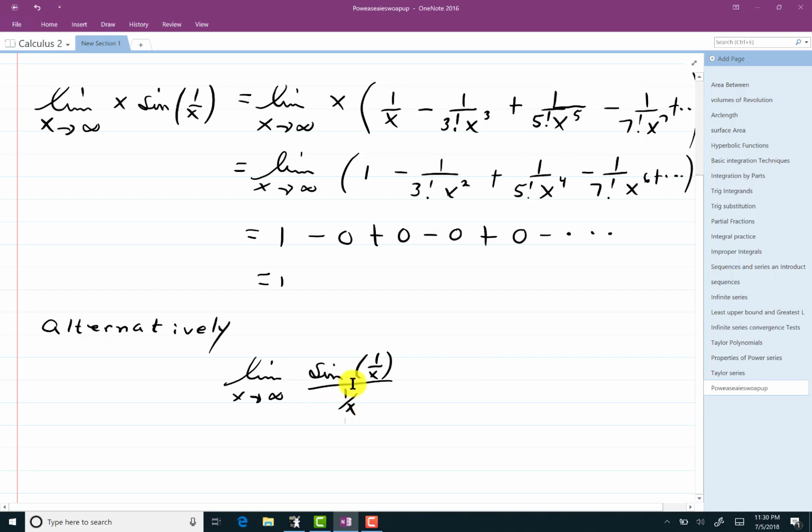And here what you have is sine of something going to 0 and the denominator going to 0. You can use L'Hopital's rule, but we already are supposed to know this one. We know that the limit as theta goes to 0 of sine of theta over theta equals 1. In fact, it's probably the first limit that's actually done where they had to use the squeeze theorem to get the answer.